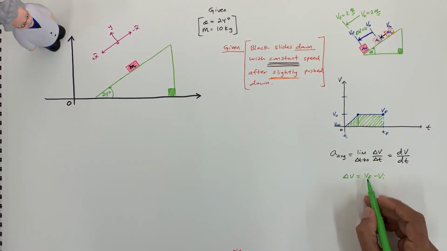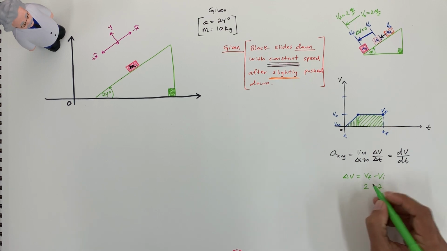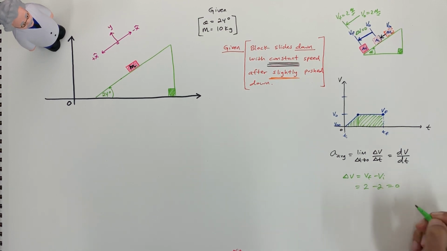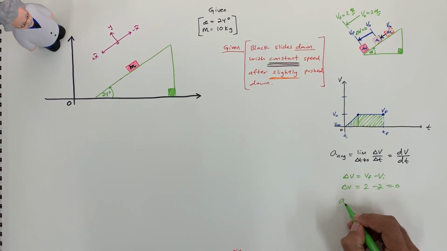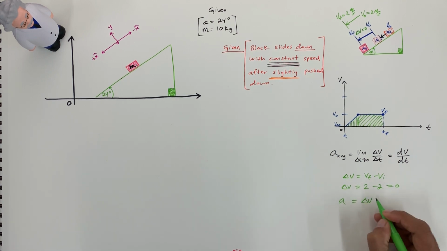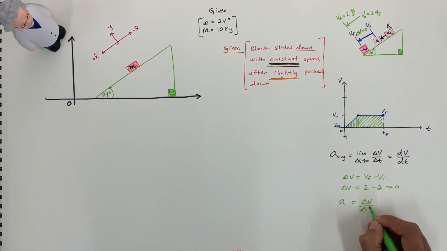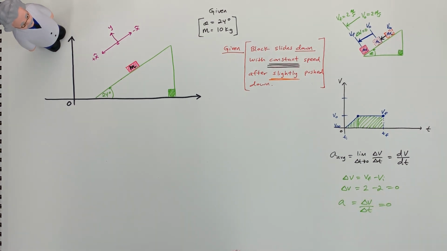So here you're going to see that 2 minus 2 is 0. So our change in velocity is 0, therefore our acceleration, which is our change in velocity over the change in time, is equal to 0.